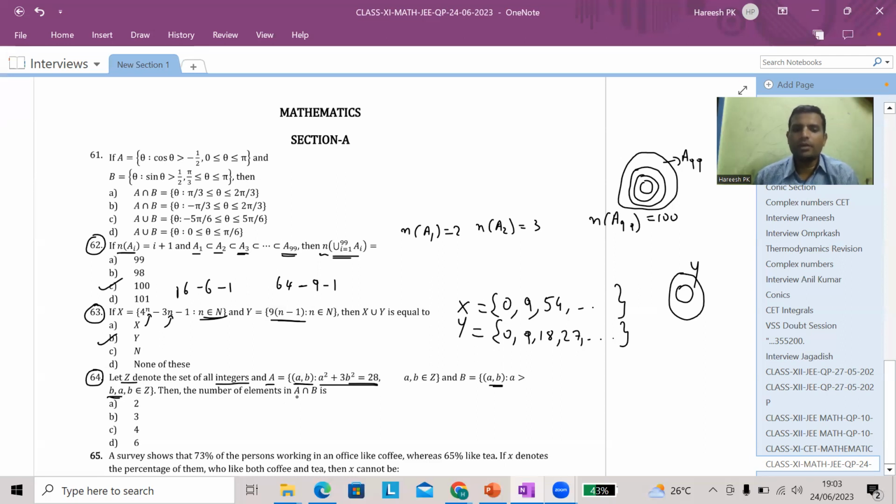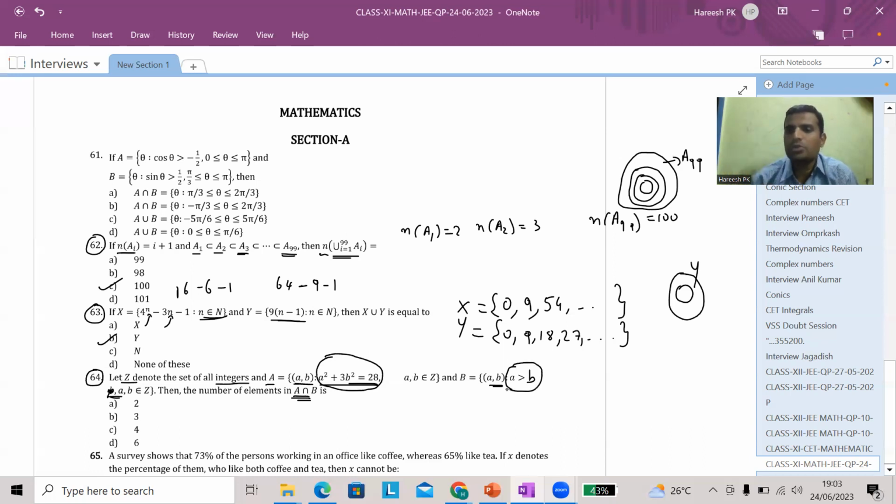Now they are asking the number of elements in A intersection B. So let's directly try to write the answer. A pair in A intersection B should satisfy the first condition, it should be in the first set, and it should also satisfy the second condition, a is greater than b. So it should satisfy both the conditions.